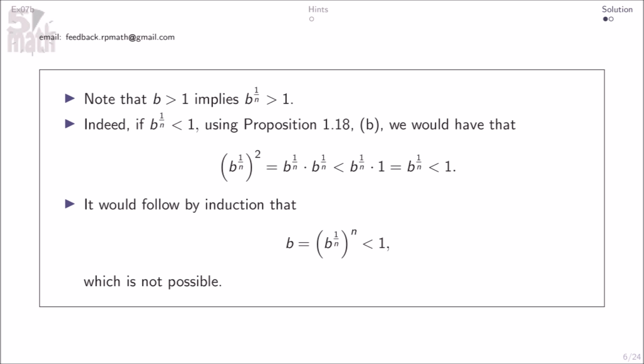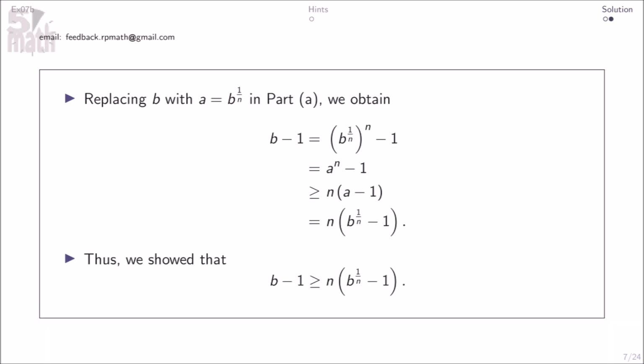It would follow by induction that b = (b^(1/n))^n < 1, which is not possible. Replacing b with a = b^(1/n) in part A we obtain this. Thus, we showed that b − 1 ≥ n(b^(1/n) − 1).